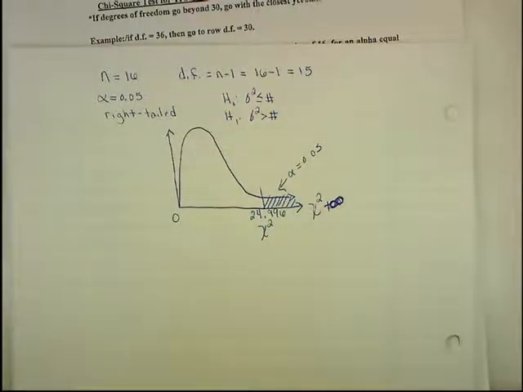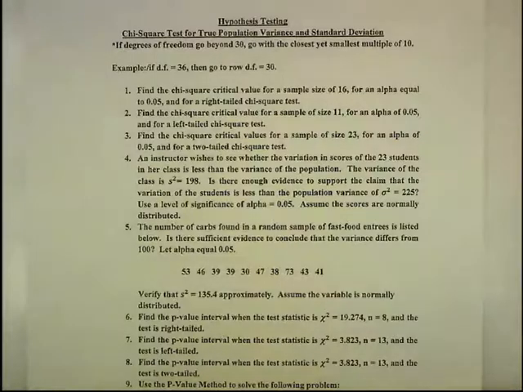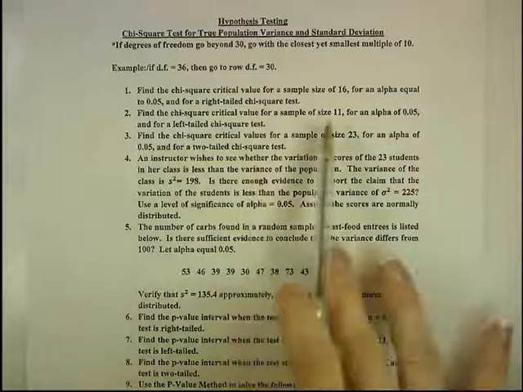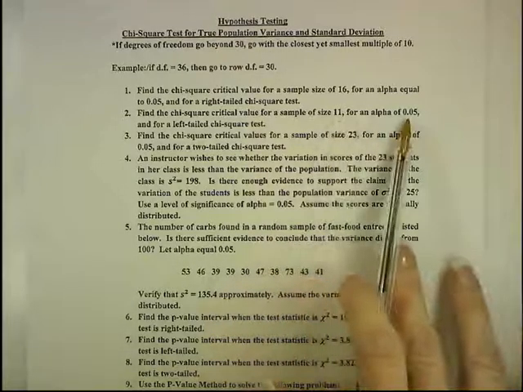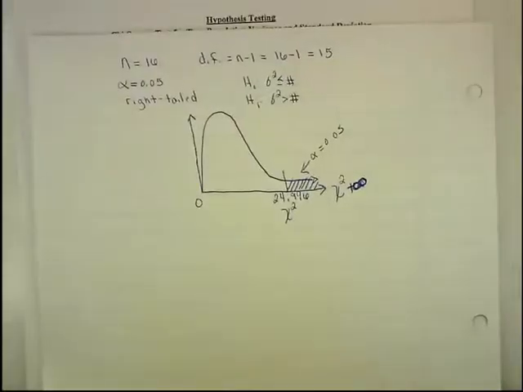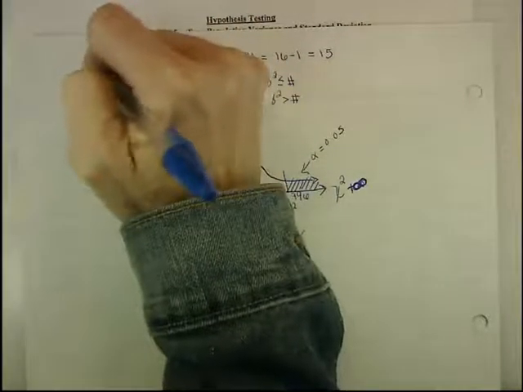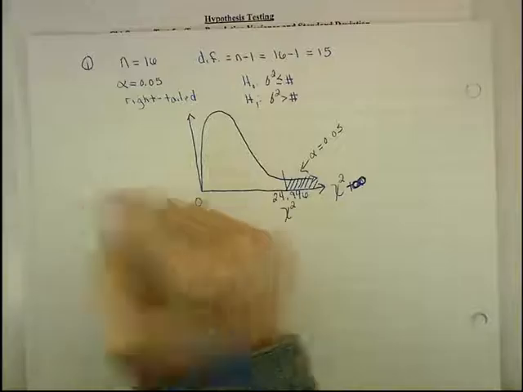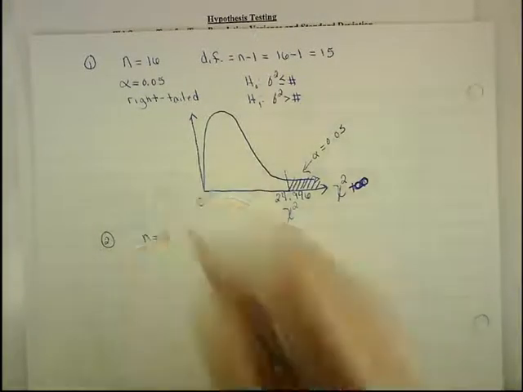Problem number 2. We are told that it's a chi-square test. Sample size is 11, alpha is 5%, and it's left-tailed chi-square test. This is number 1. Number 2. N is equal to 11.